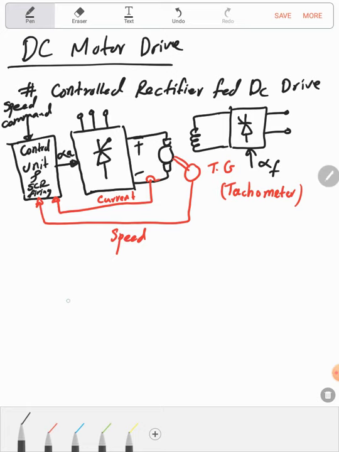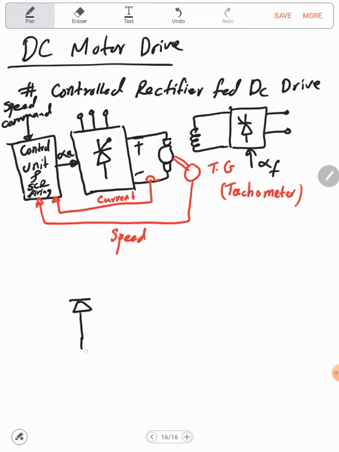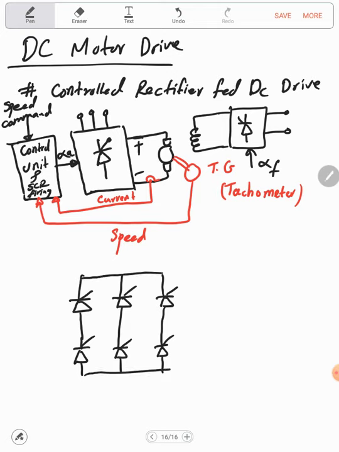Let's assume that we are using a three phase fully controlled rectifier. Now here the machine is connected.